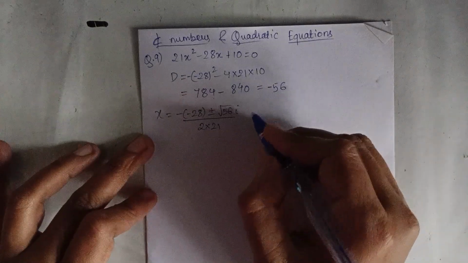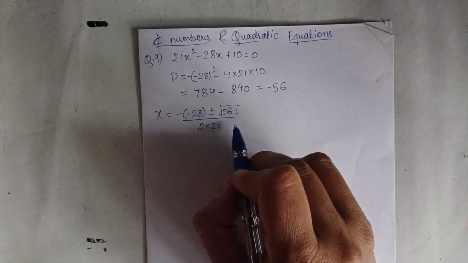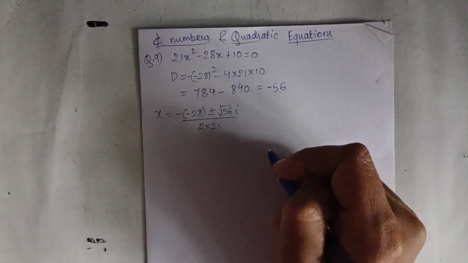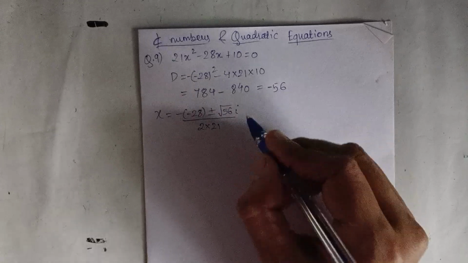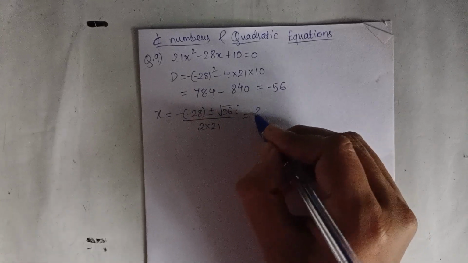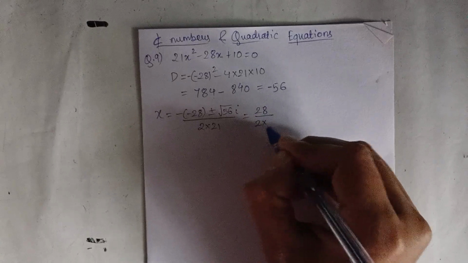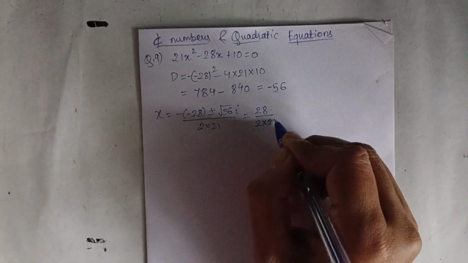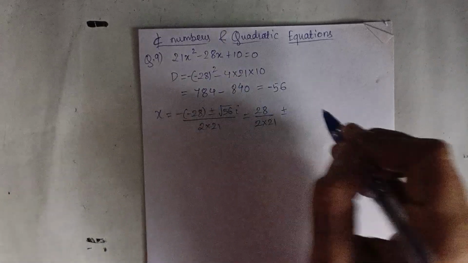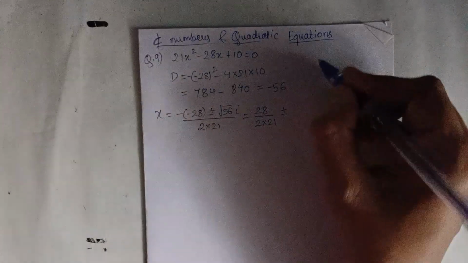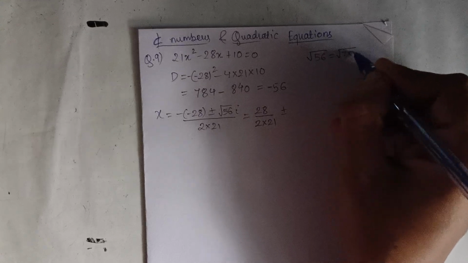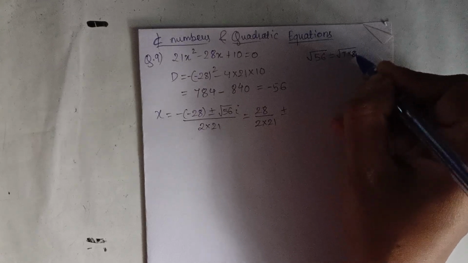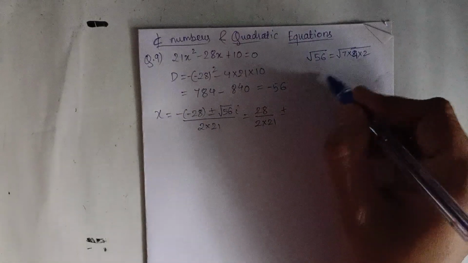Root 56 you can reduce further. Root 56 you can write it as 7 into 8, which is 4 into 2.